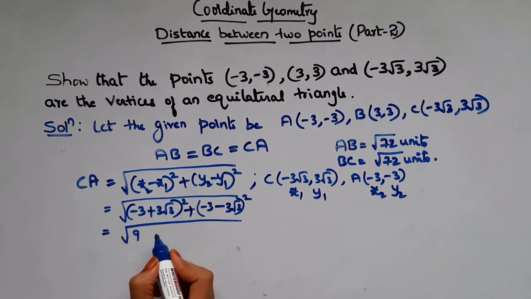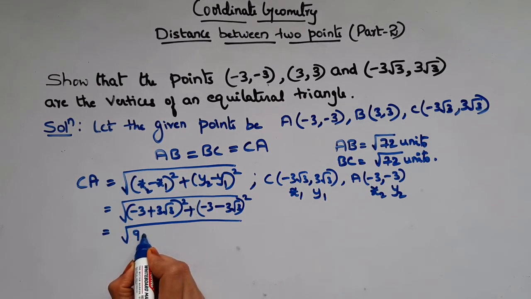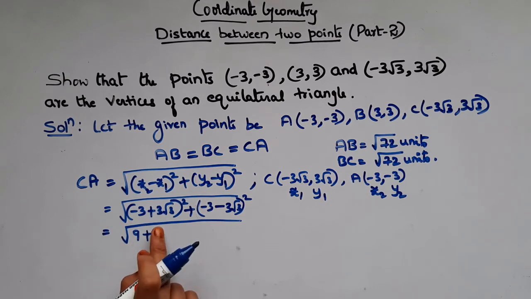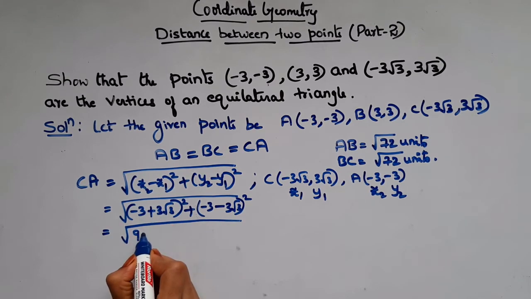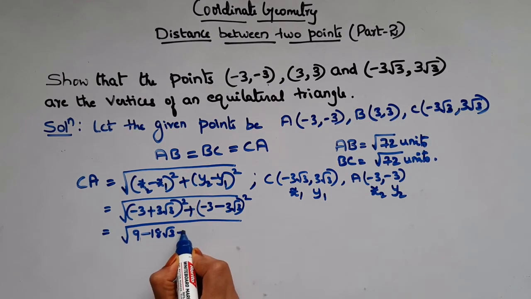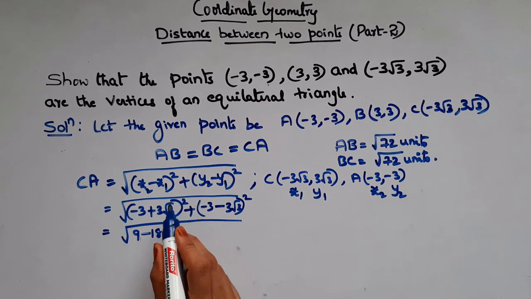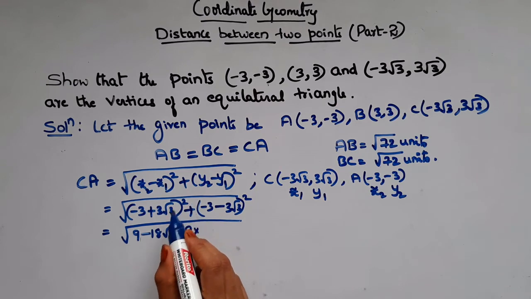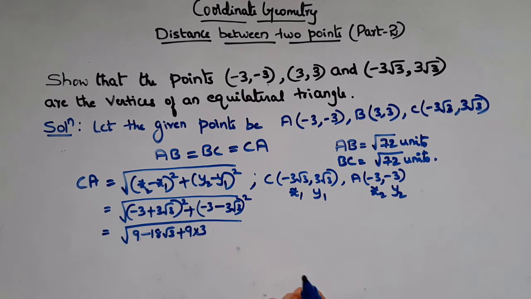Minus of minus is plus 9, right? Plus 2 into ab, 2 into minus 3 is minus 6 into 3 is 6 3s are 18, so this will be minus 18 root 3, right? Plus b square is 3 square is 9, 9 into root 3 is root 3 the square is square root and square will get cancelled, left with 3, right?